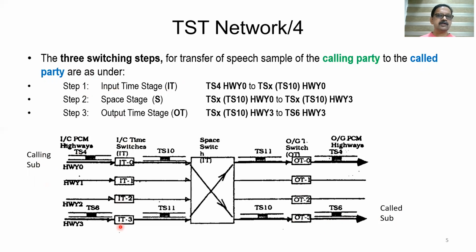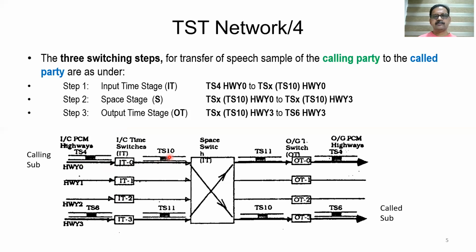Here the mechanism is TS4 highway 0 to TSX highway 0. This incoming time switch shifts the information from TS4 to TSX on the same highway, where X we are assuming as 10 as shown in the diagram. So the input time stage switches the time slot from TS4 to TS10. That is step number 1.